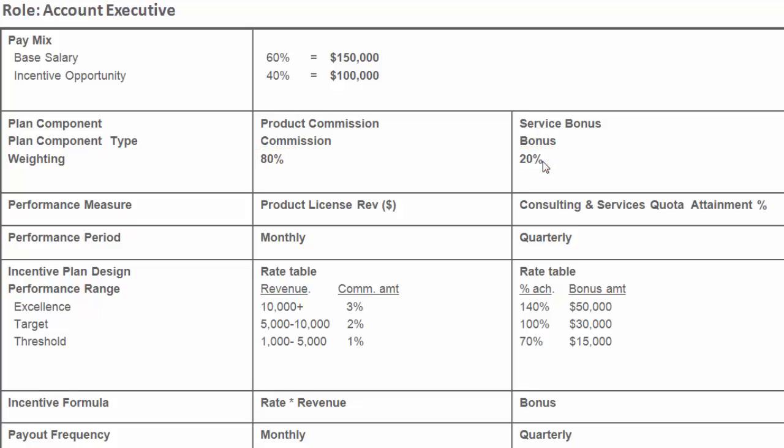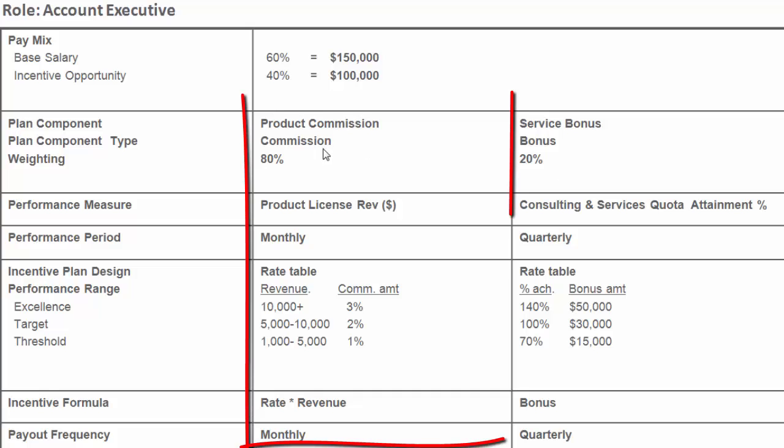So the account executive in totality is on a 60-40 plan, 60% base, 40% incentive, and 80% of that incentive comes from product commissions and 20% from the services bonus.